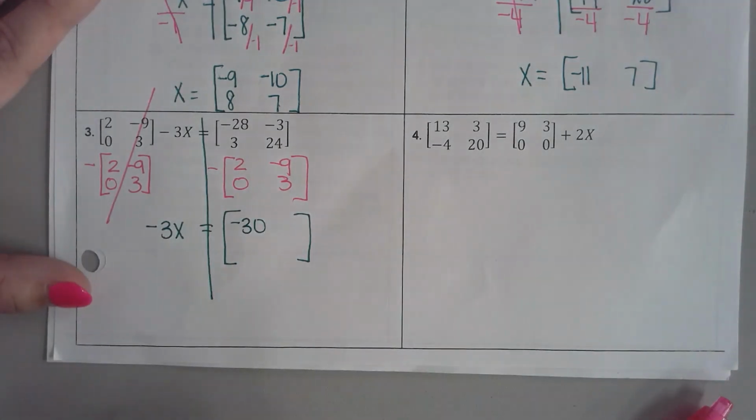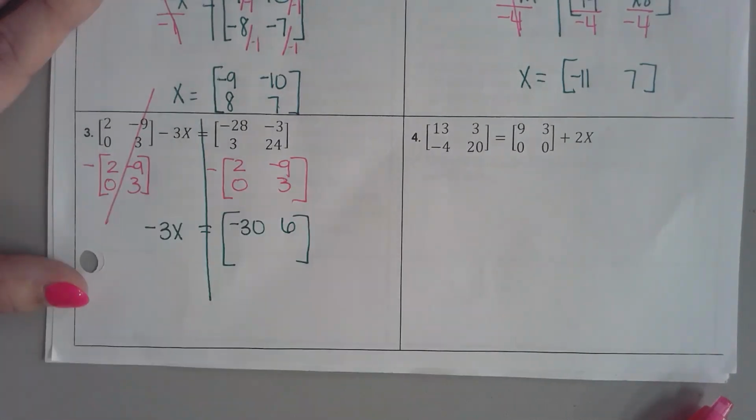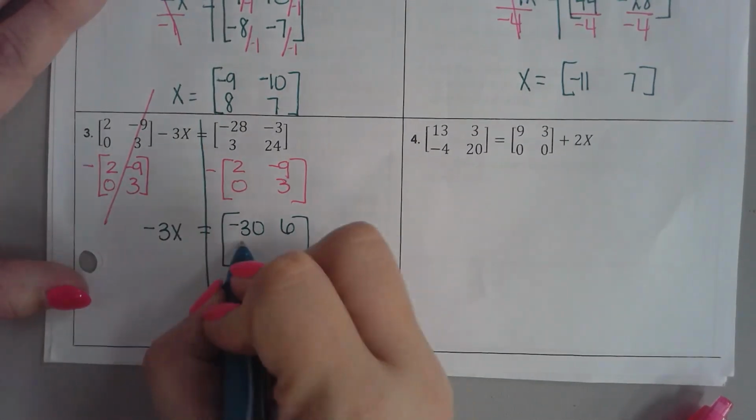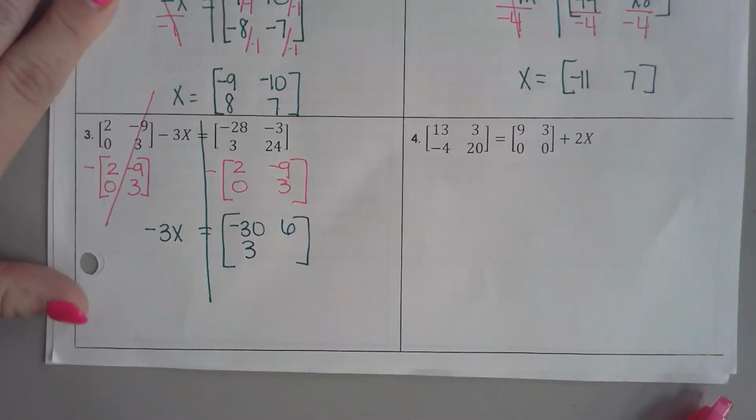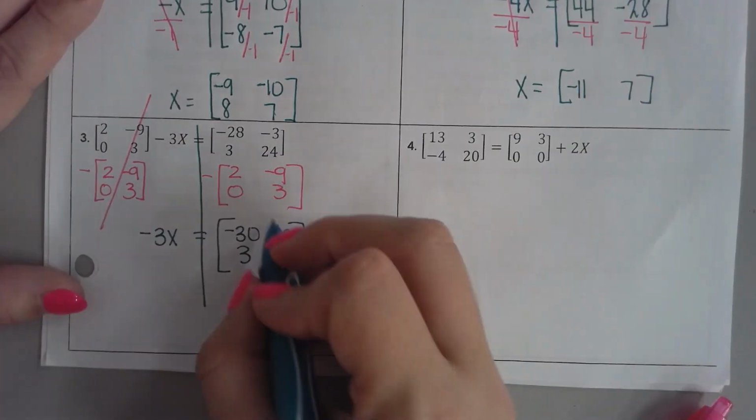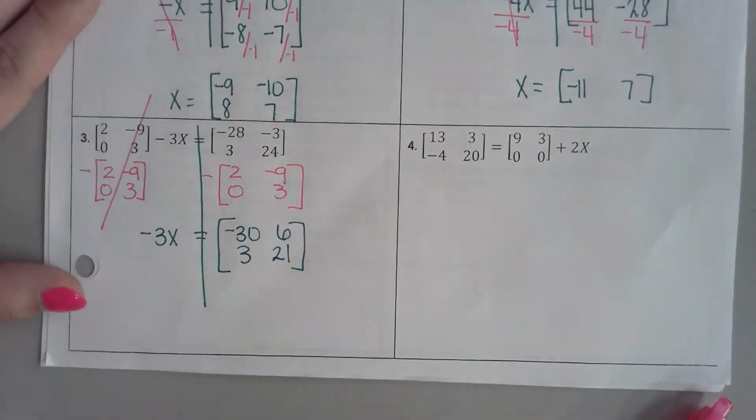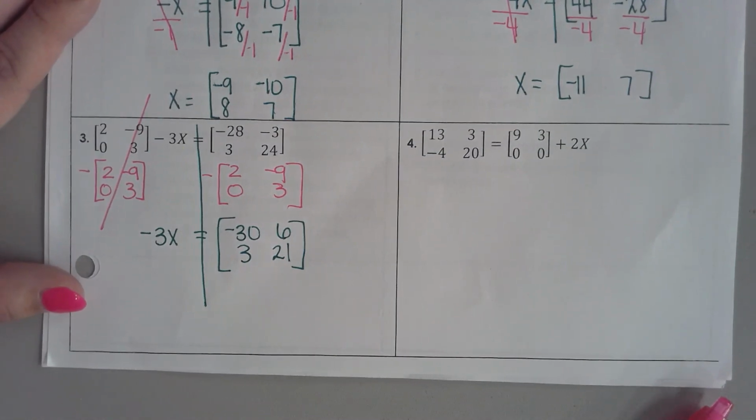Negative 3 minus negative 9, 6. 3 minus 0 is 3. 24 minus 3 is 21. Okay. And then what?